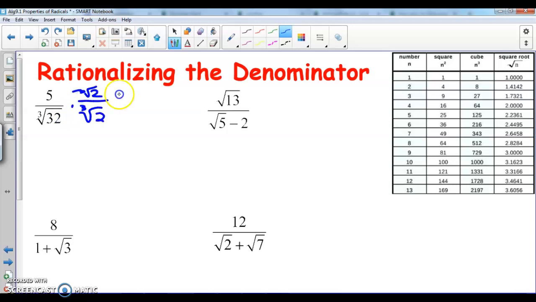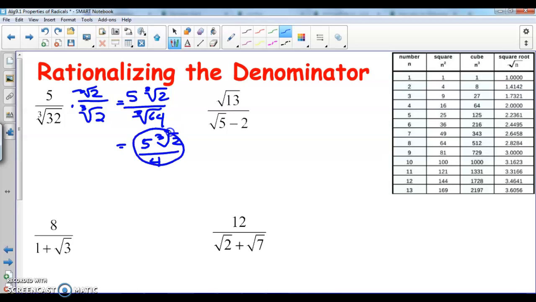Okay, so the numerator will become 5 cube root of 2, and then the denominator will be cube root of 64. But what's the cube root of 64 here? It's 4. So the final answer is 5 cube root of 2 over 4. So that's the final answer.